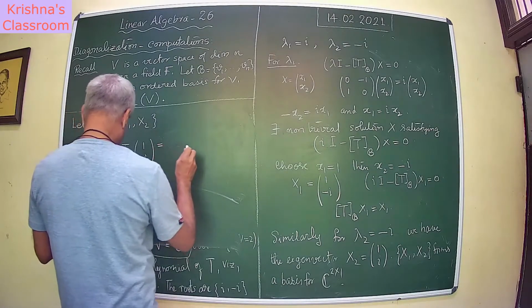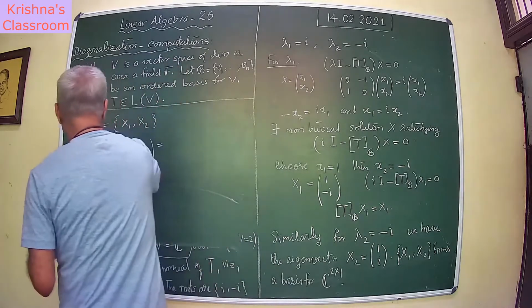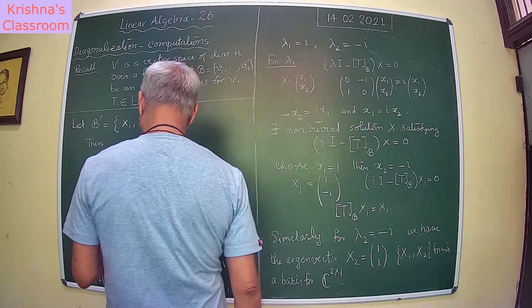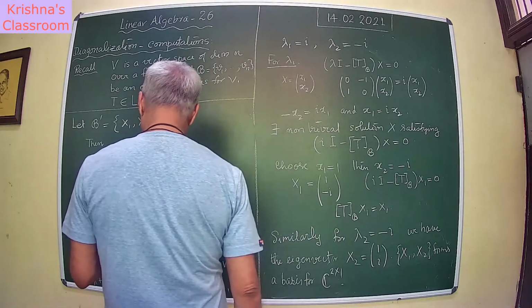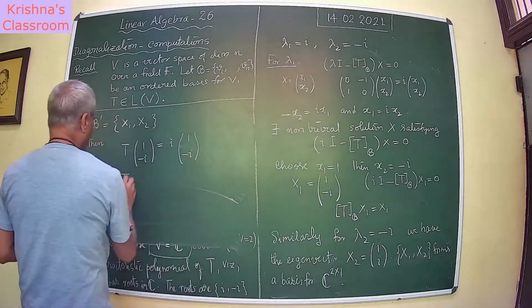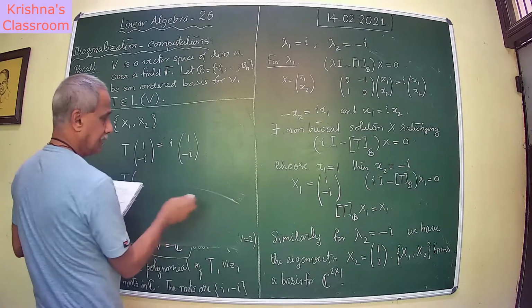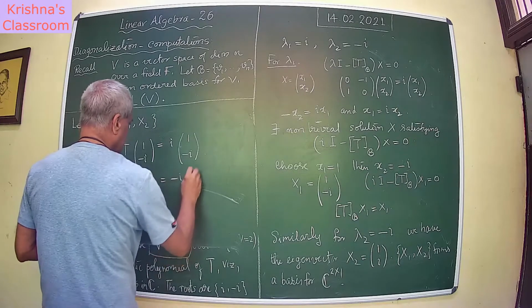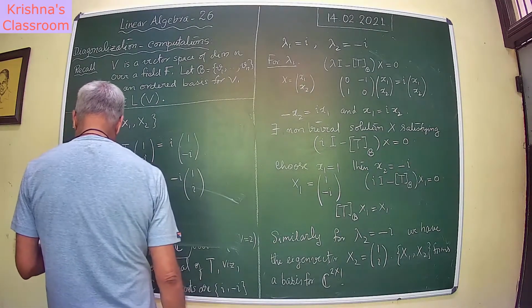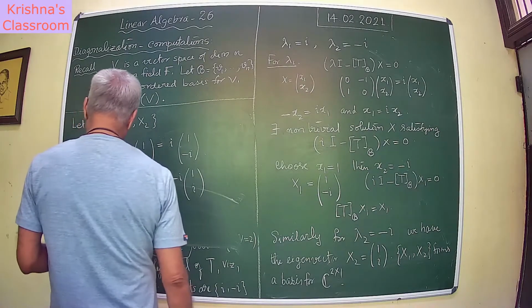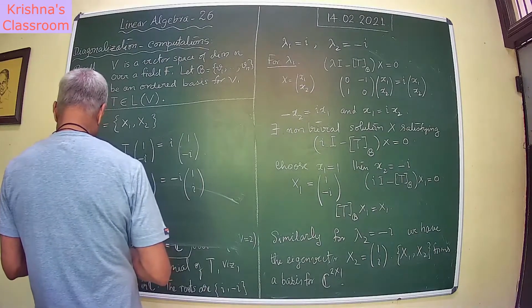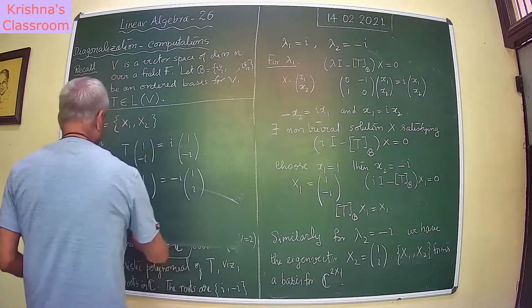This is equal to, what is it? This is equal to, and D of 1i. Therefore, P of x1, x2.